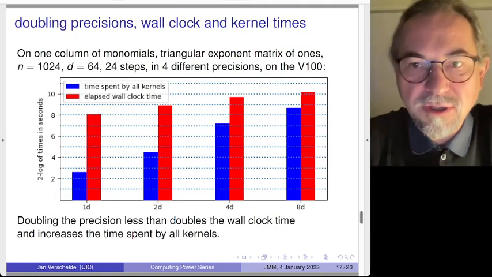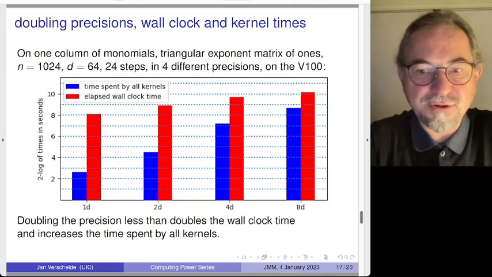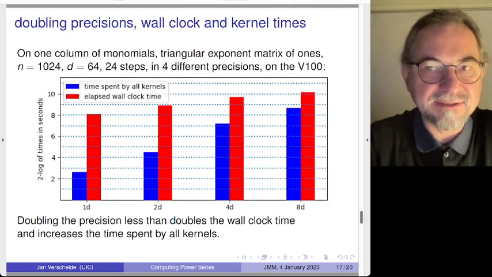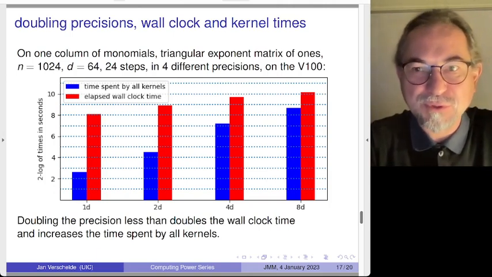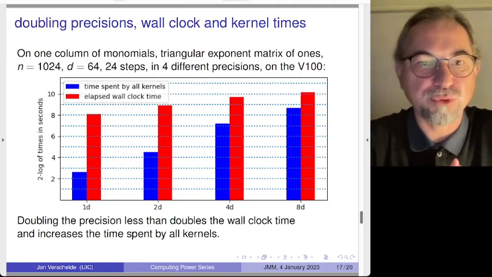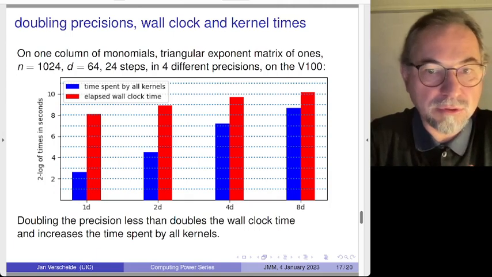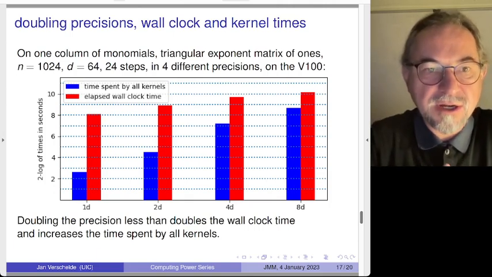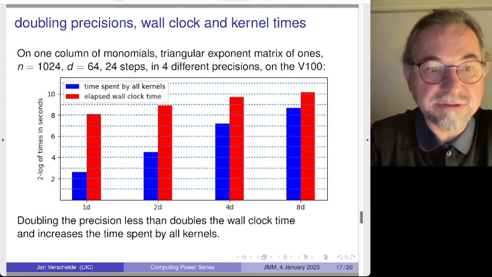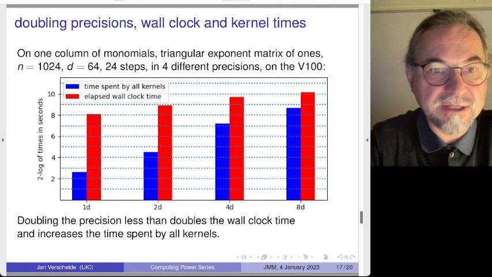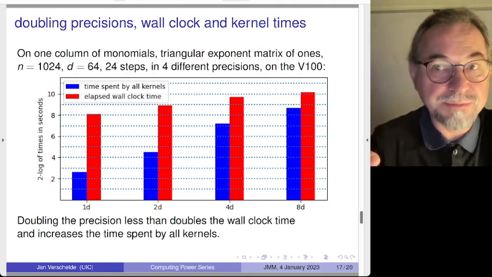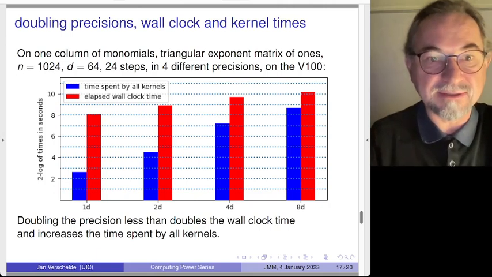Okay, wall clock. I have scheduled this for a talk of 25 minutes and I'm getting very close to this. So the wall clock is most important. So this is a 2-log plot. If we look at the red bars, one sees that when one doubles the precision, the height of the bars increases by 2, or at most, which means that it doubles less than that.